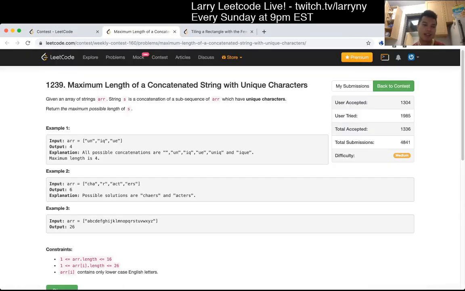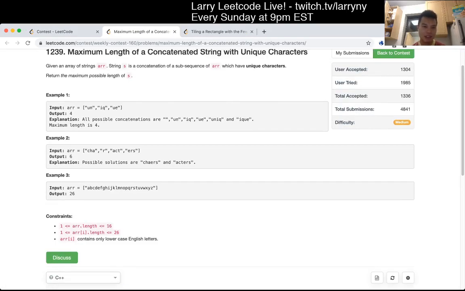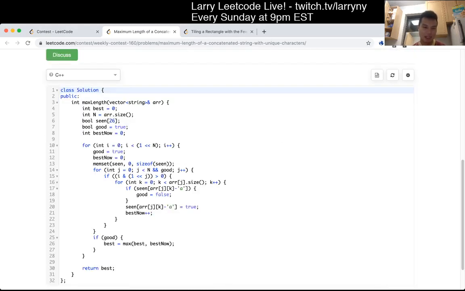Maximum length of concatenated string. Okay, so this one, I think the first thing I noticed was just that n is 16, right? I think you saw me do the math where then it's just 2 to the 16 times 26, something like that, which is fast enough. And essentially, that's what I did.